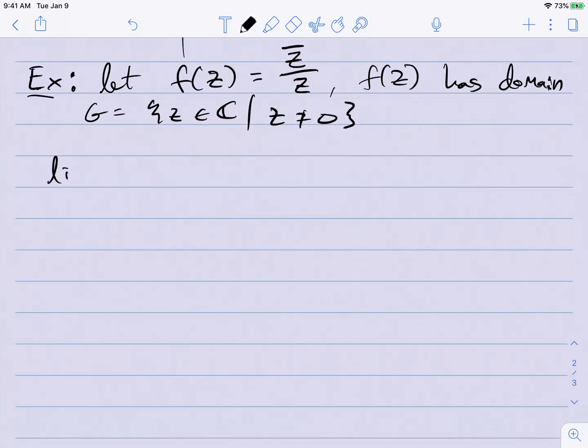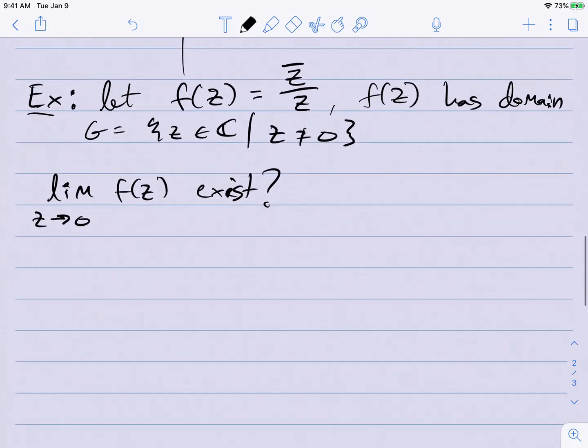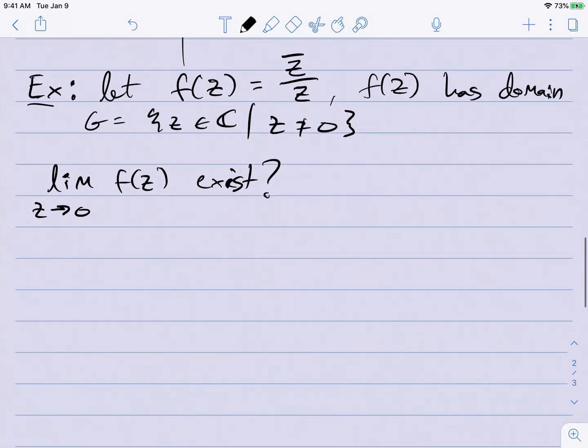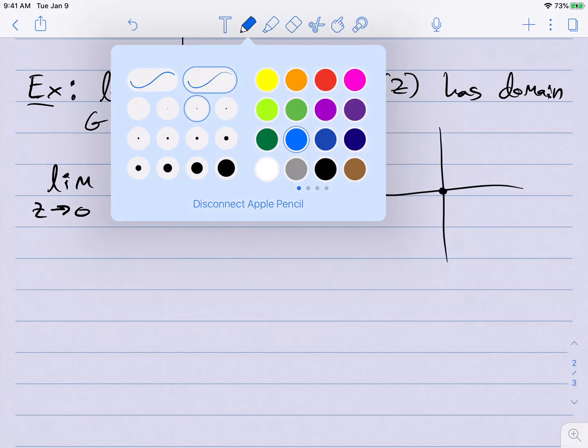Okay. So let's see if there's a well-defined limit as z goes to 0. Does this limit exist? And so what I was saying before, one way to show that it doesn't exist is to show that if I approach 0 along different paths, let me draw a picture here. So here's 0.